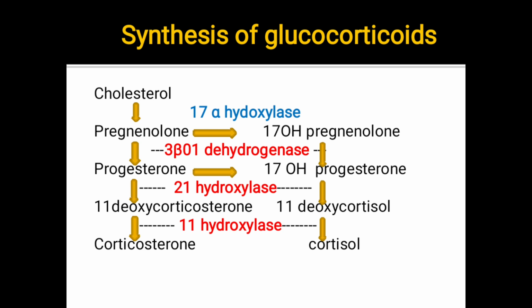Usually, the cortisol is not stored in large quantities inside the cells of the adrenal cortex. Only when the need for the hormone arises, the entire sequence is activated by the ACTH, that is the adrenocorticotropic hormone.